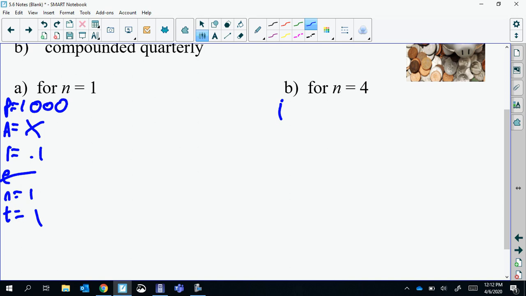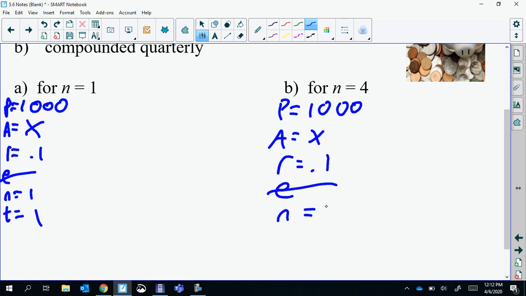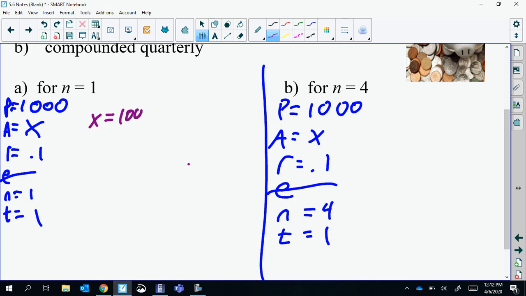We're finding our final amount. So we're really doing this problem twice. And the second time, n equals 4. Everything else stays the same though. So as we work this out, we have A equals P, 1 plus r over n to the n times t.